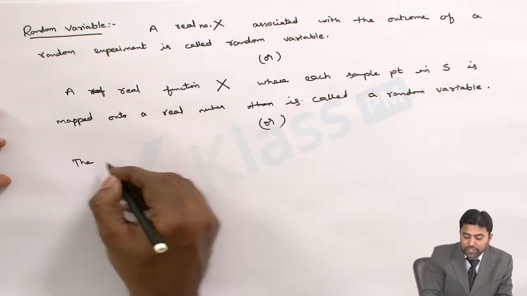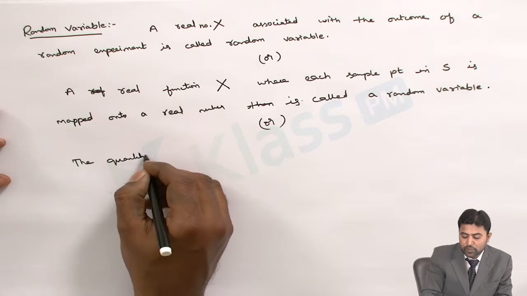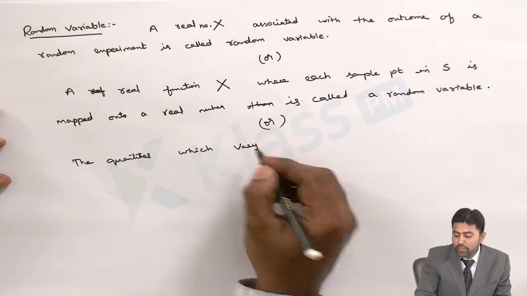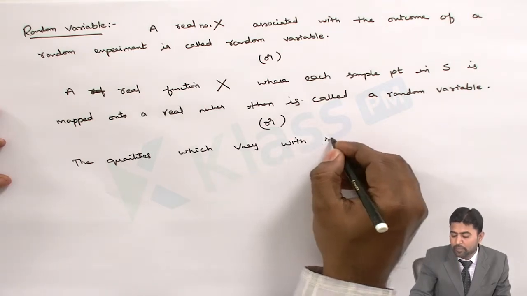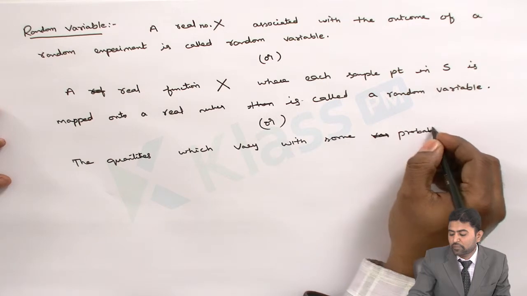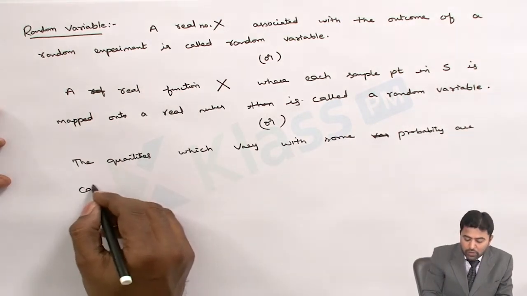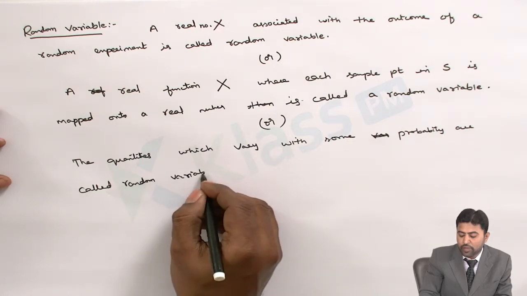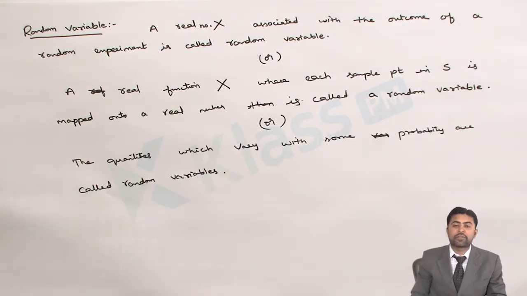Or the quantity or quantities which vary with some probability are called random variables. Okay, in these three ways we can define what a random variable is.